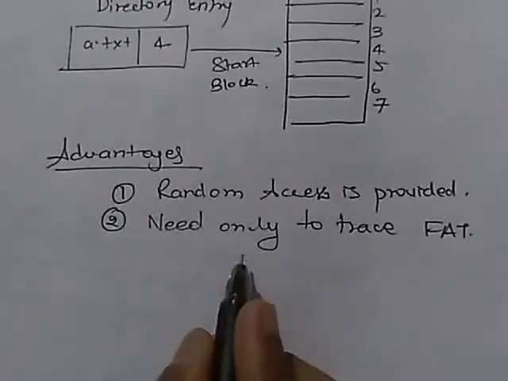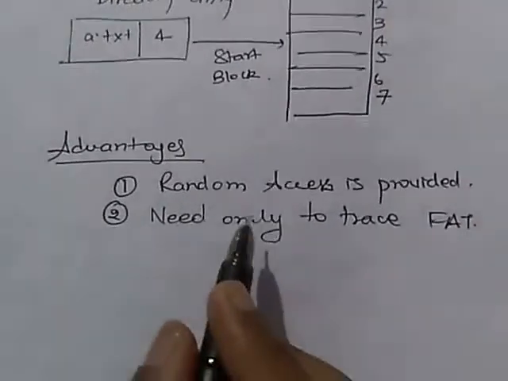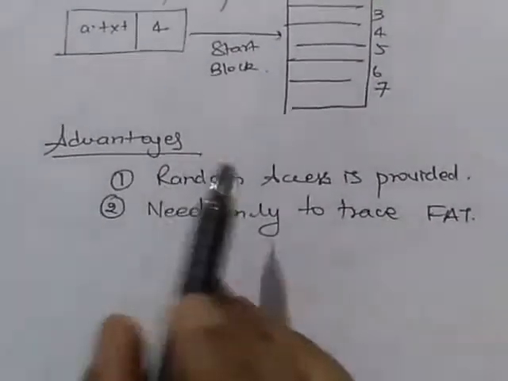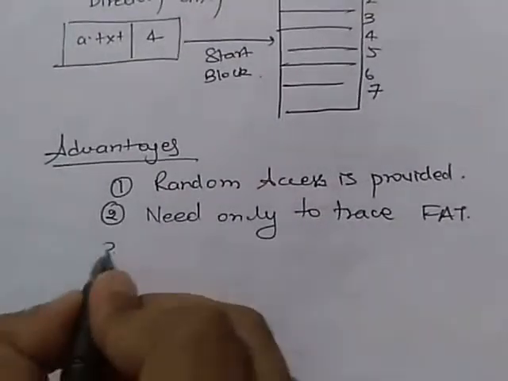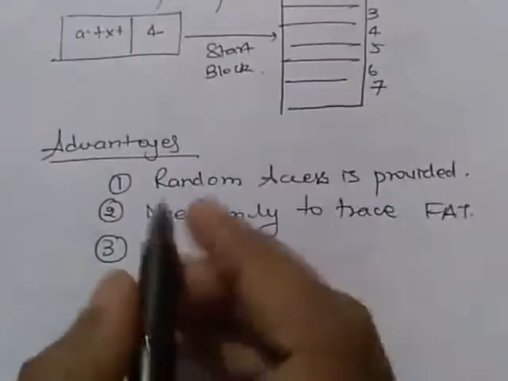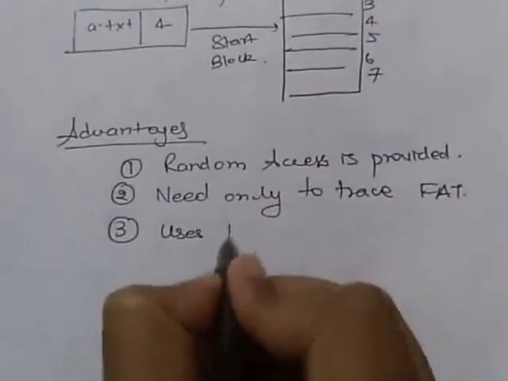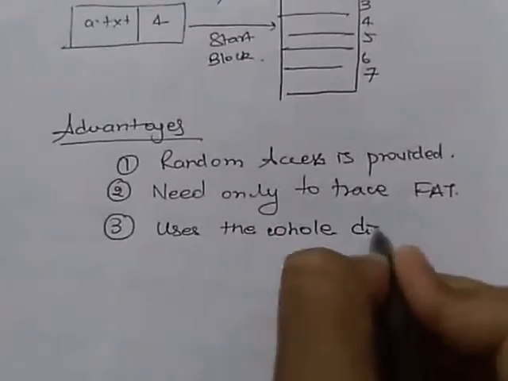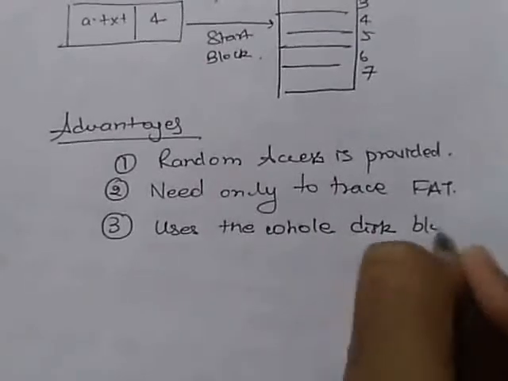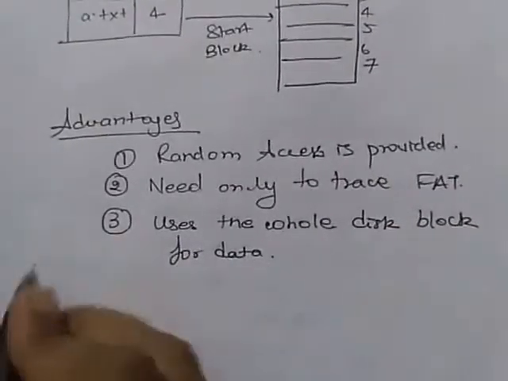We need not to trace each block in the file allocation table. We will get an idea where the file entry will be made. Now in this, one advantage we get is we will use the whole disk block for data.